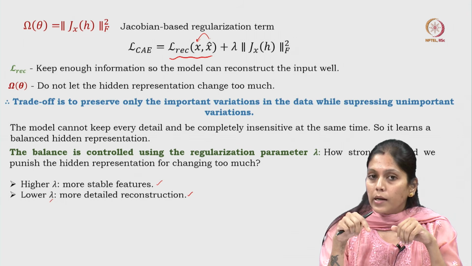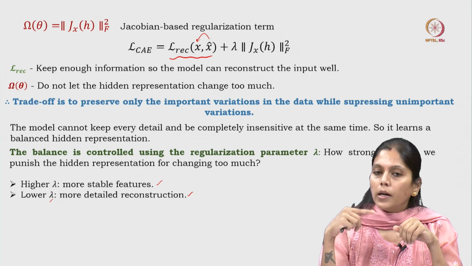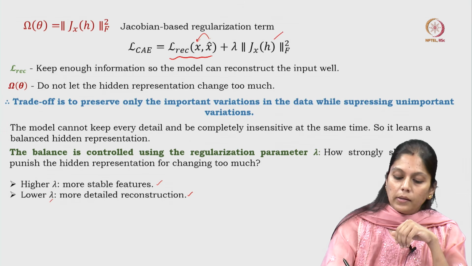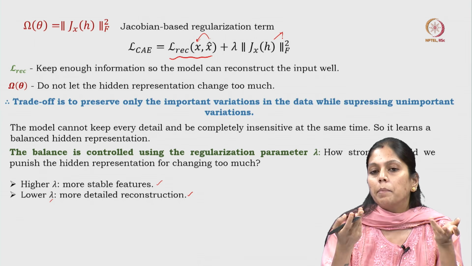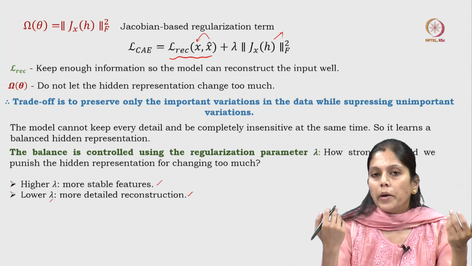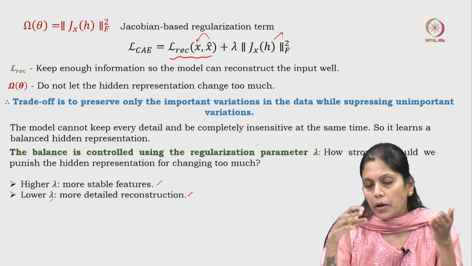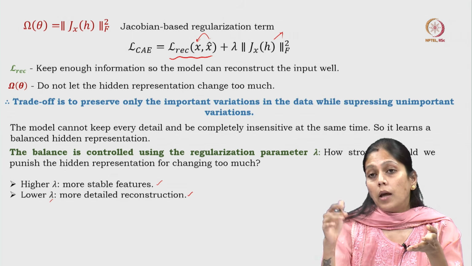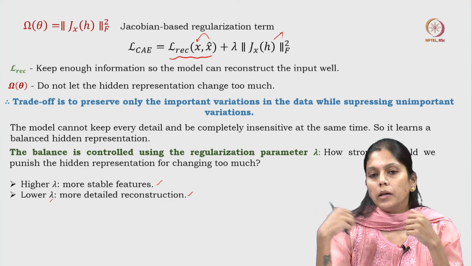So in this case, has the reconstruction loss not increased? And the penalty term has drastically reduced, because the hidden representation is not changing at all. When the hidden representation is not changing, all the derivative terms will be low, while the reconstruction loss has increased.